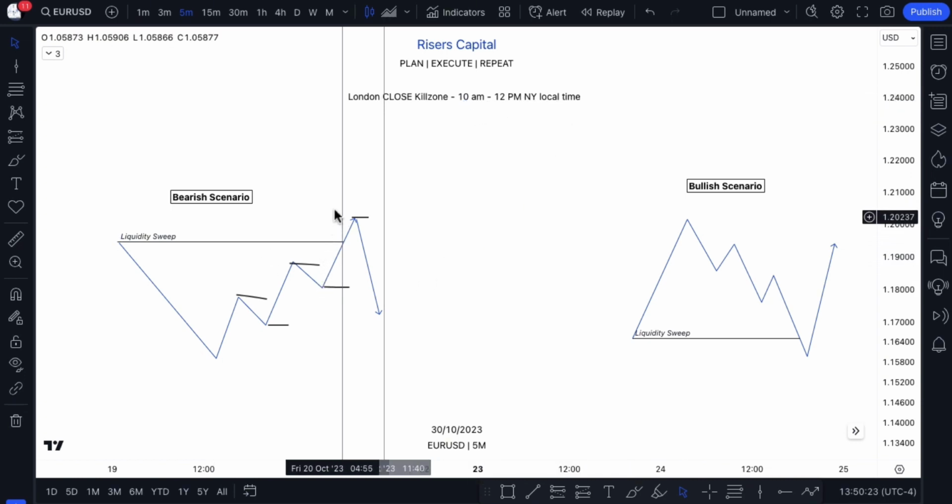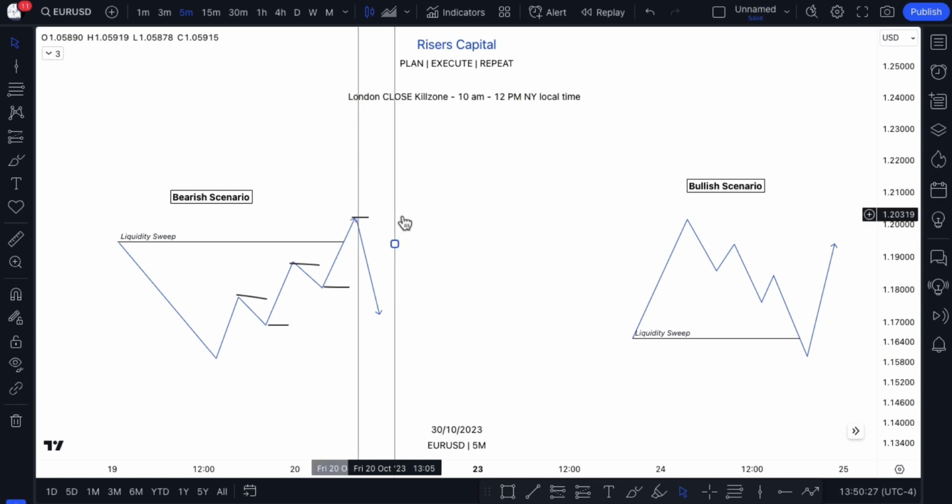So what I mean by that is, so let's say this is 10 to 12 p.m. just here. You can see how before we may have had the liquidity sweep. Now this doesn't matter because it's just before. However, you want to be looking for trades and confirmations during the London close Killzone time.